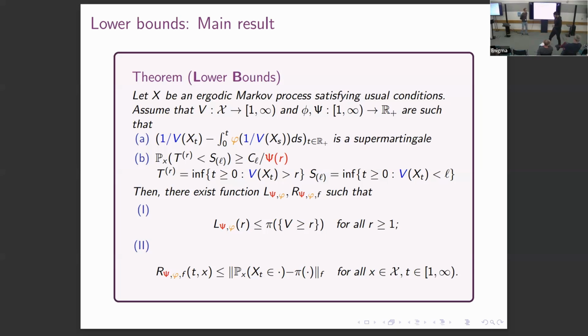What is the big difference between discrete time and continuous time? I remember when I was working on that paper, what made things very difficult was the possibility of basically going very high very quickly and then coming back. We had to account for that.